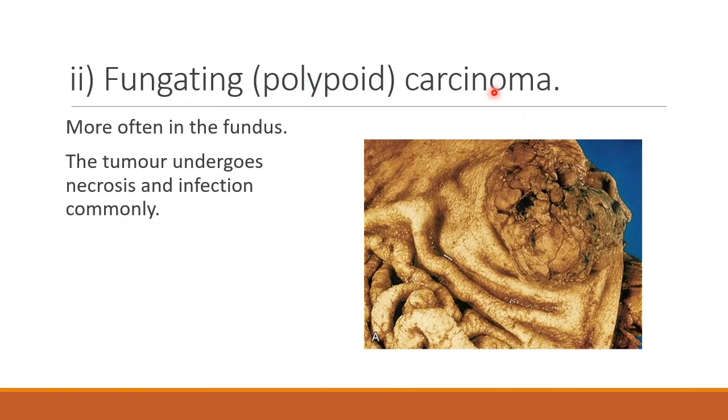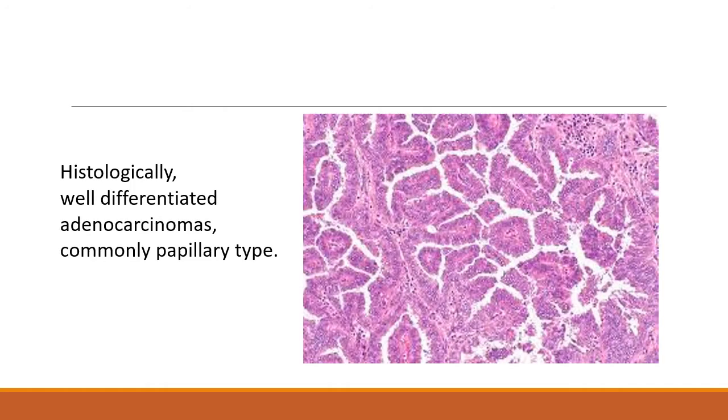Second is fungating or polypoid carcinoma. That most commonly occurs in the fundus of the stomach. This is a cauliflower-like growth, and this tumor commonly undergoes necrosis and infection. So this is the gross picture of this type. And histologically, they are well-differentiated adenocarcinoma, commonly papillary type.